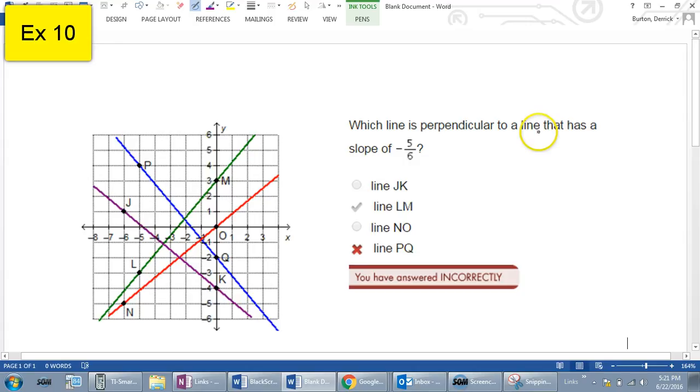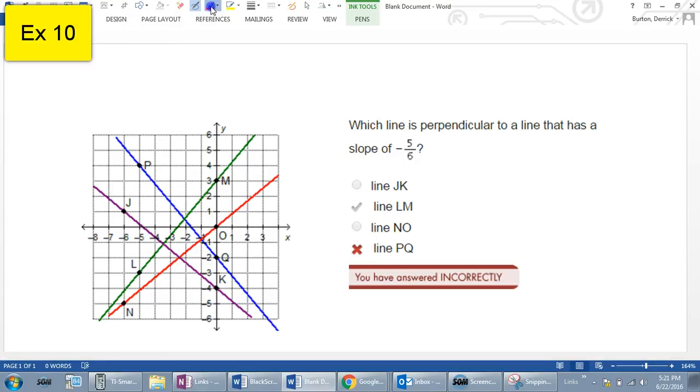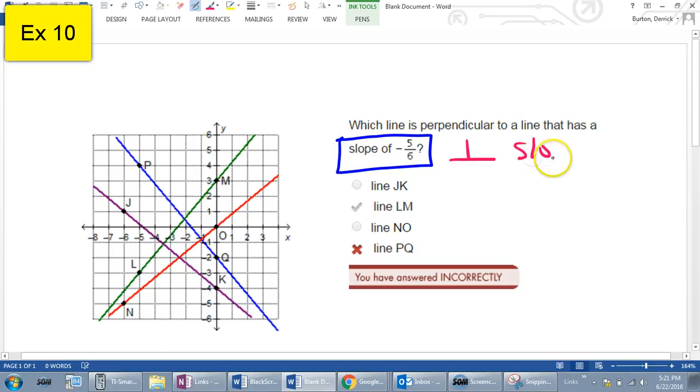Which line is perpendicular to a line that has this slope? One more time, this is our original slope, and I'll switch to pink for the perpendicular slope. So tell me the slope of a perpendicular line. It would be 6 over 5.